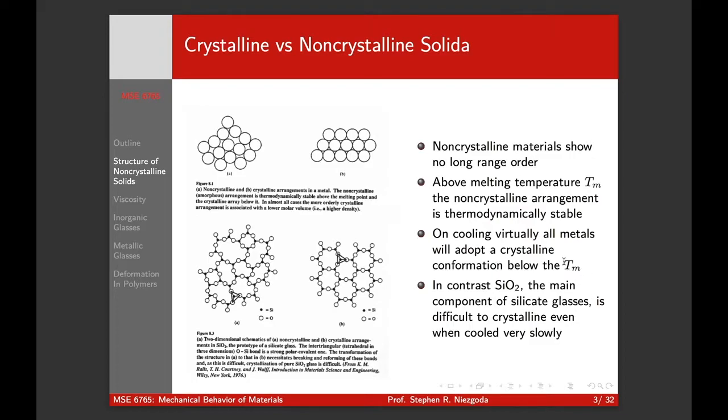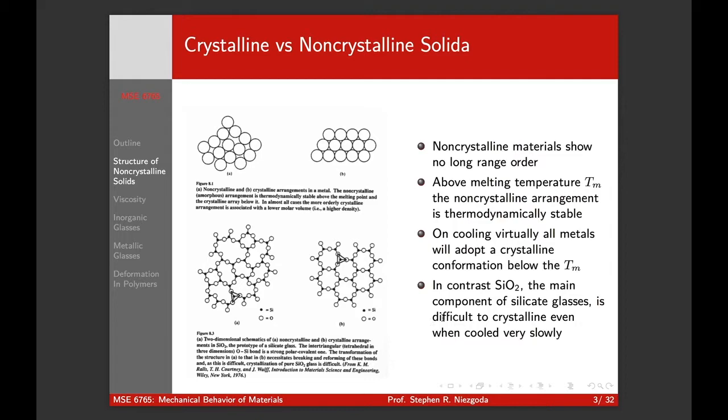However, if we cool fast enough, the mobility of the individual atoms can decrease faster than the driving force for crystallization. So you essentially can lock in an amorphous structure. We'll talk more about that later.